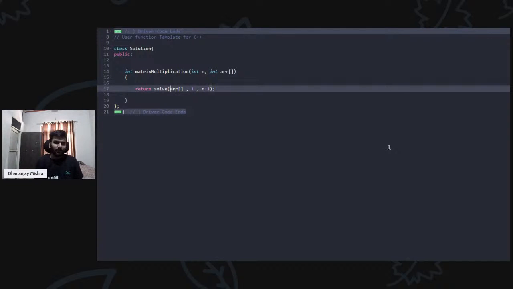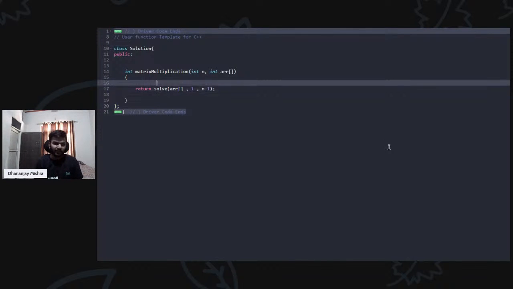So basically solve is our helper function, the main function, we can say. This 1 is the start of the range, and this n-1 is our end.